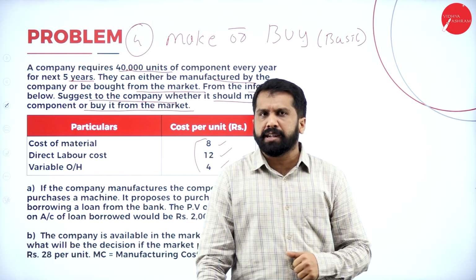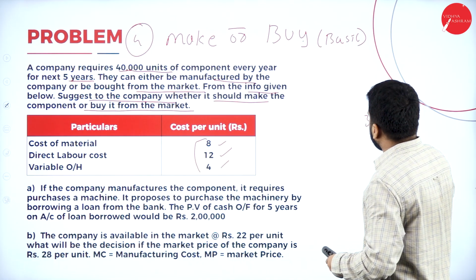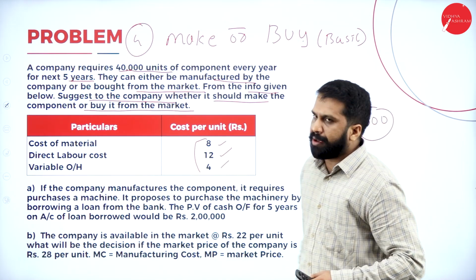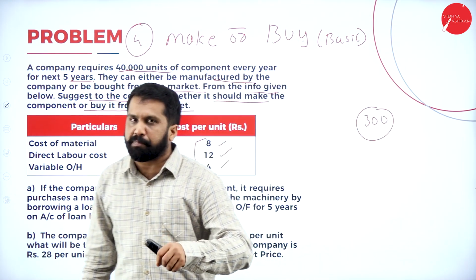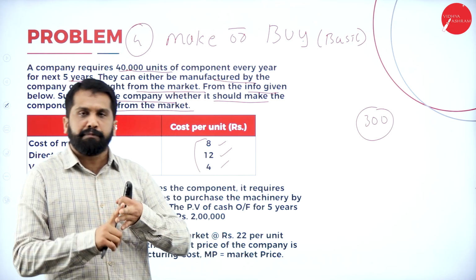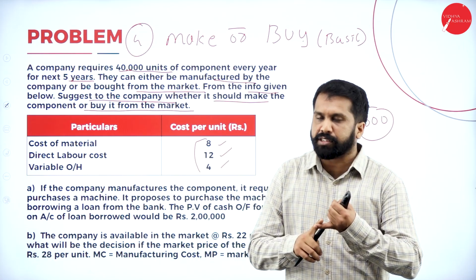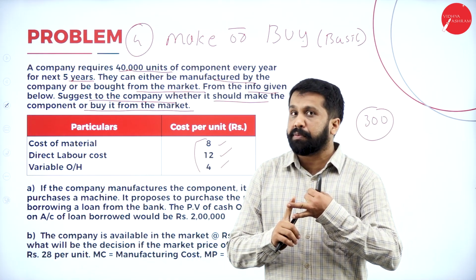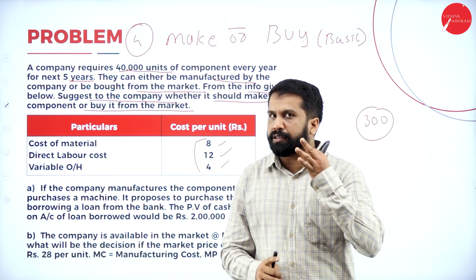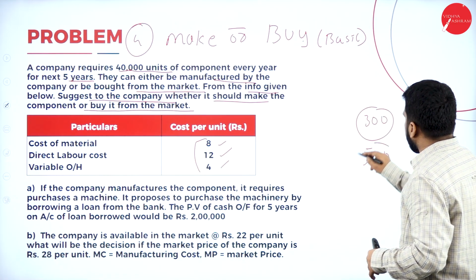Now, assume that if you go to the shop and buy ice cream, it will be 300. The same ice cream, if you sit and prepare at home, the milk, custard powder, flavors, some dry fruits, everything, and your electricity bill, gas bill, your time, if you include all those things, it may come around 500 something.